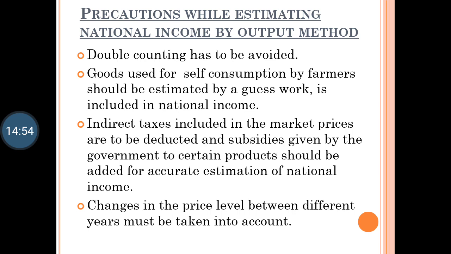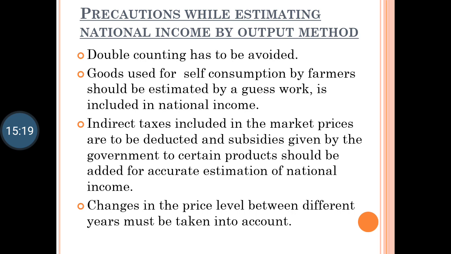Maybe they will keep 10 or 20 quintals for self consumption. So all that counting also has to be added in national income. But that part which was kept for self consumption goes into estimation, guesswork. So an approximate amount is taken into consideration by guesswork.